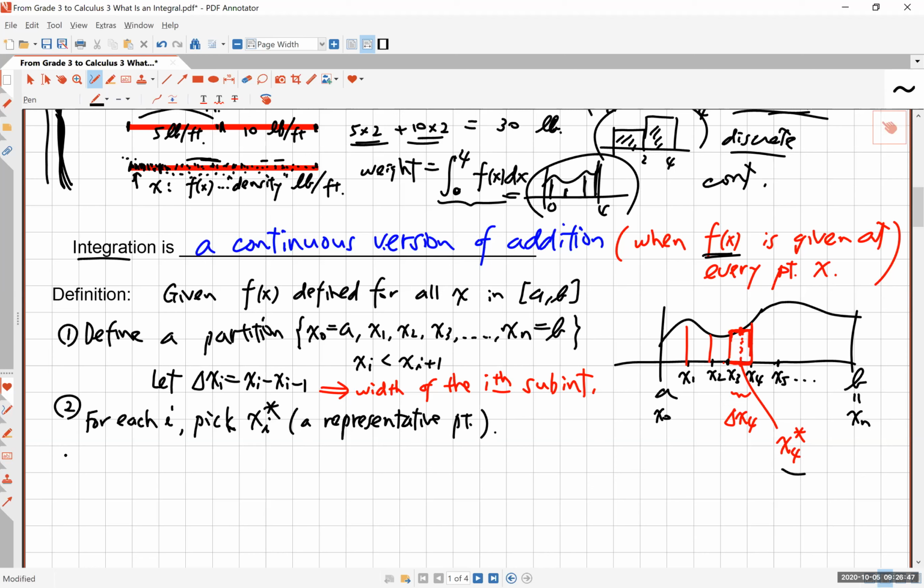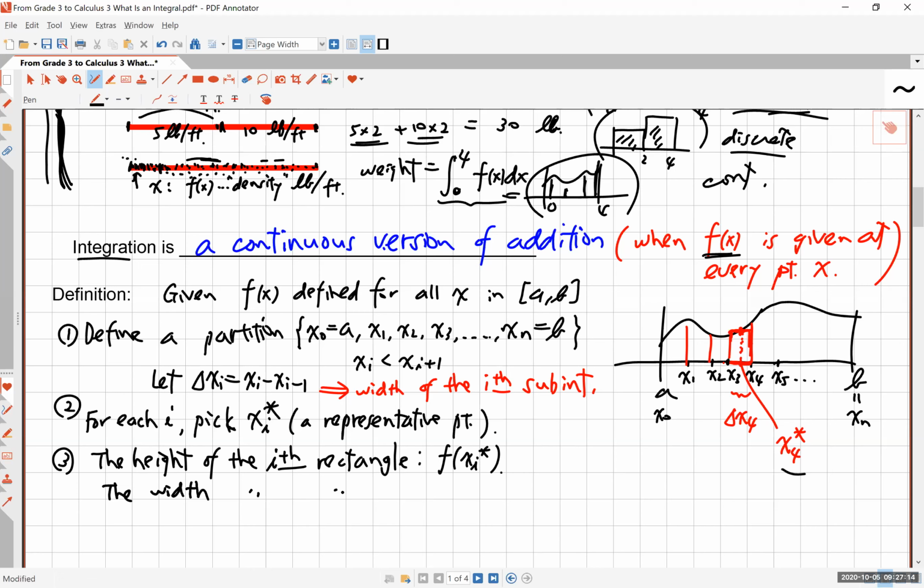And number 3, of course, the height of the ith rectangle. You see a bunch of rectangles now. The height of the ith rectangle is f of xi star, and the width, we already know what the width is, that's delta xi.